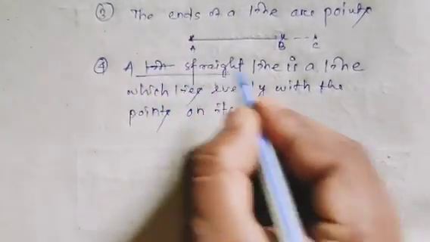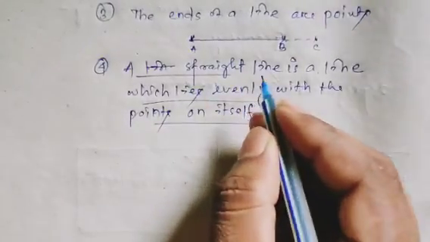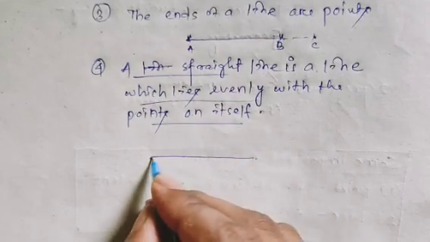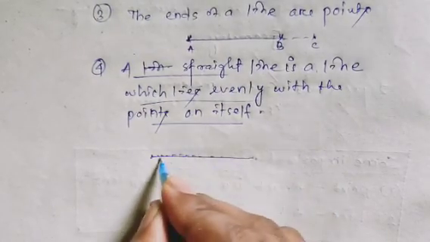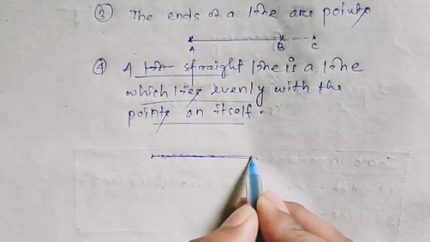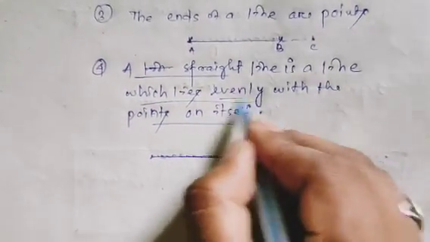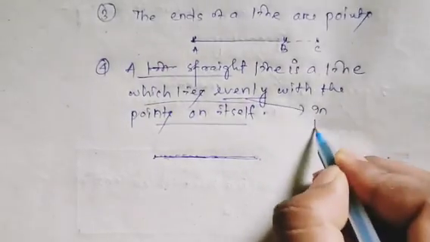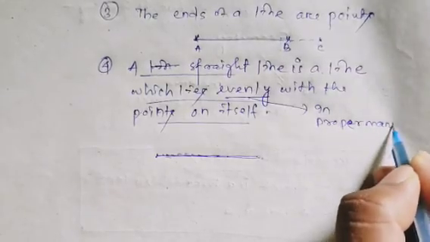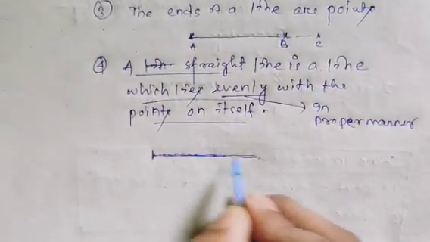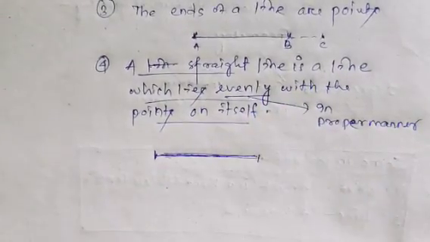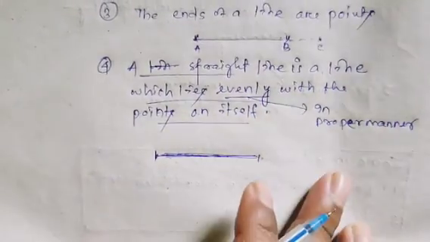What is the meaning of this? A straight line, we know we can draw like this. The points on the straight line lie evenly. Evenly means in a proper manner. So the points on the line lie evenly with the points on itself. So this is the fourth definition.